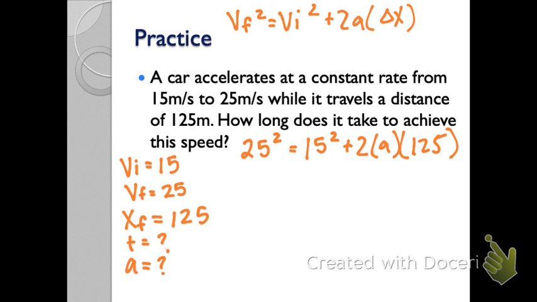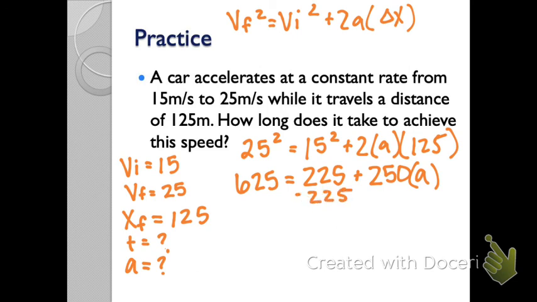Okay, so let's go ahead and solve the math. This would be 625. 15 squared is 225 plus 250 times A. So to get A by itself, I'll subtract over 225.